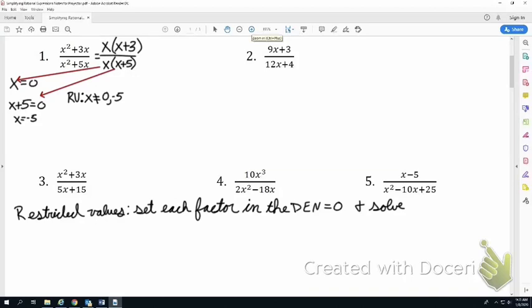Alright, so up there in that box in your notes, we listed the restricted values. Next it says to cancel common factors. So looking back up at x times x plus 3, x times x plus 5, does anything cancel up there? The x's cancel.